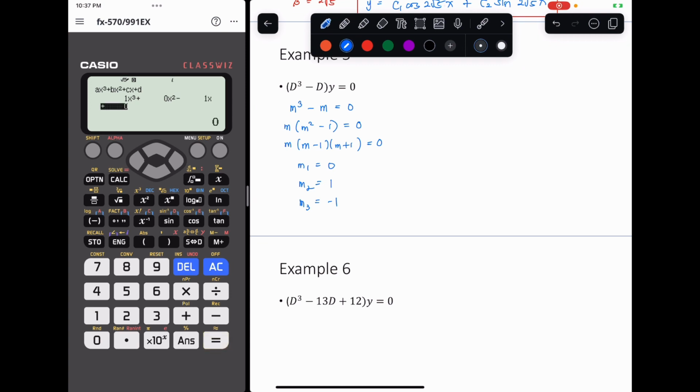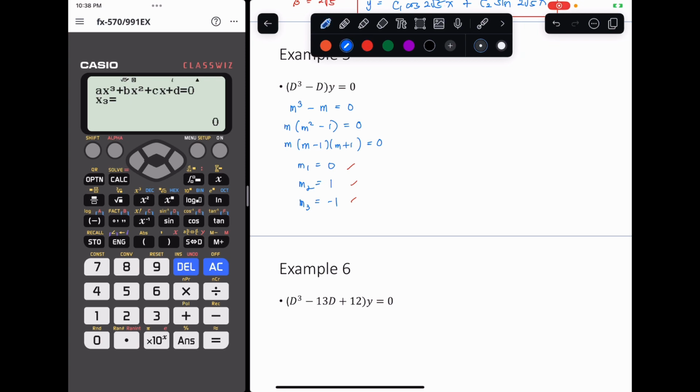Then we have 0 for the constant. Okay, so x cubed minus x. So that's our first root, which is 1. The other root is negative 1. And then the last one is 0. So we have positive 1, negative 1, and 0.